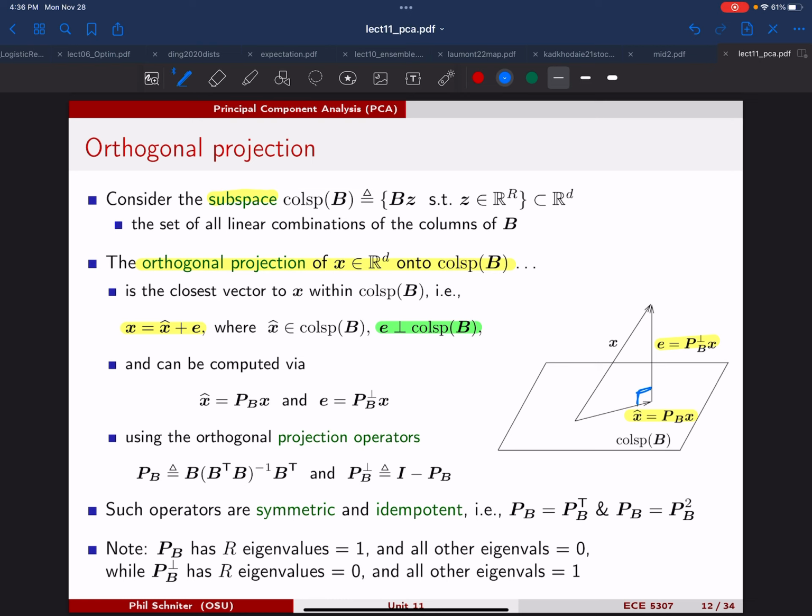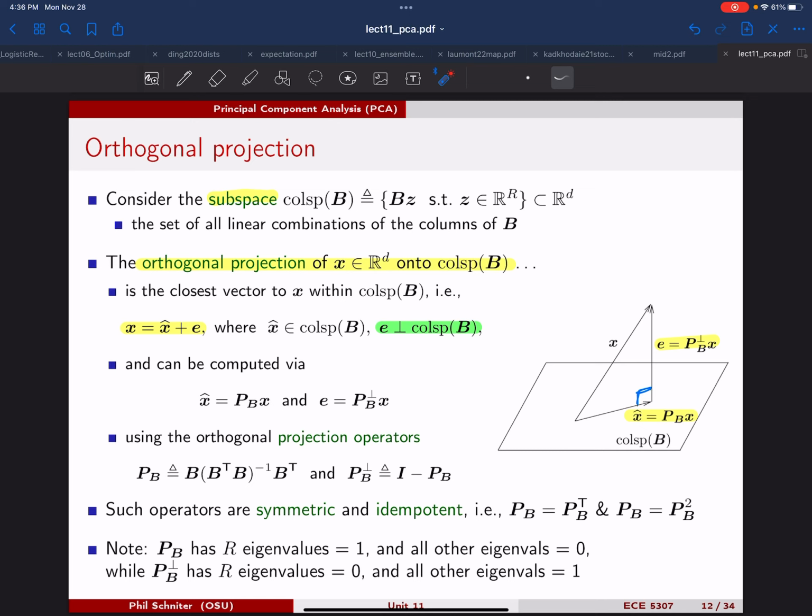So the way you do this in terms of linear algebra is if you're given x and you want to know what is x hat, the projection, you can construct this projection matrix or projection operator using this matrix B as follows. B times (B transpose B) inverse times B transpose. So here we're assuming that this matrix is invertible, which means that the columns of B are linearly independent.